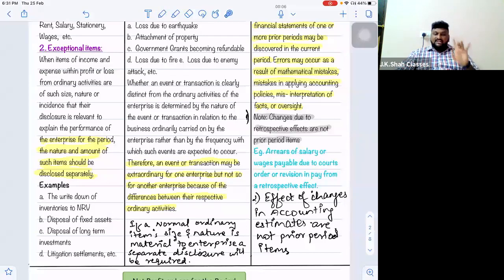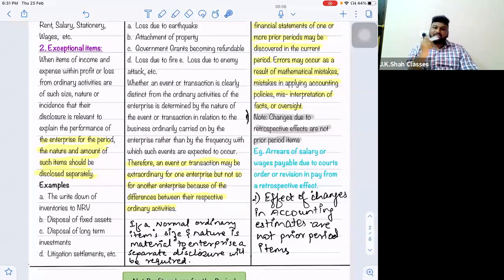Don't ever judge an extraordinary item only on the basis of the occurrence, that is its frequency. An extraordinary item should be judged only on the basis of the nature of your business and the nature of your transaction. If the transaction is completely distinct from your day-to-day business activity, then it can be considered as an extraordinary item. Just don't say that, sir, this happens once in 2 or 3 years.